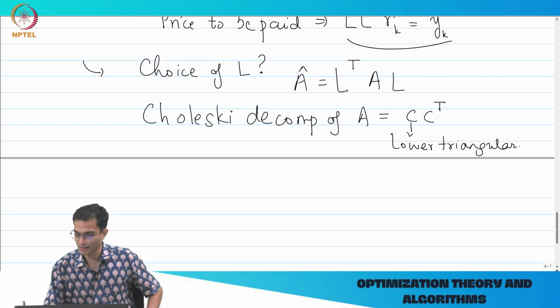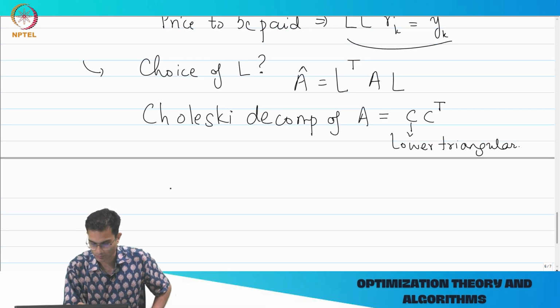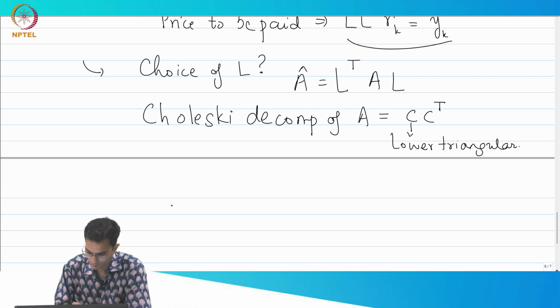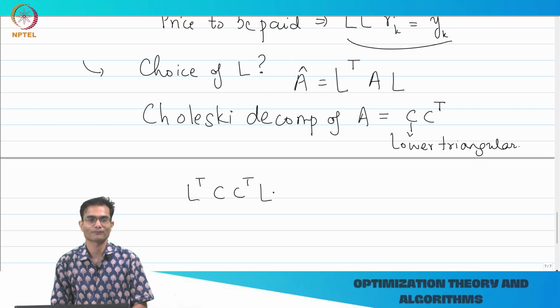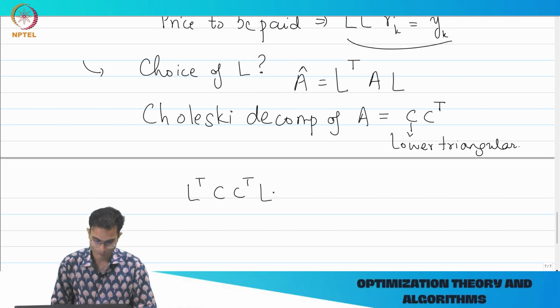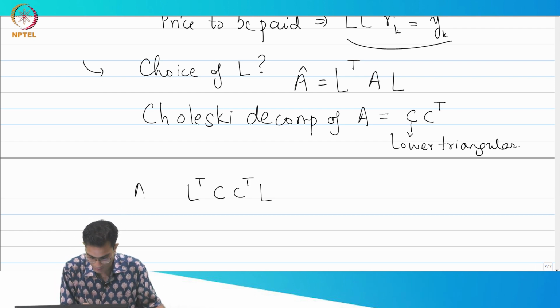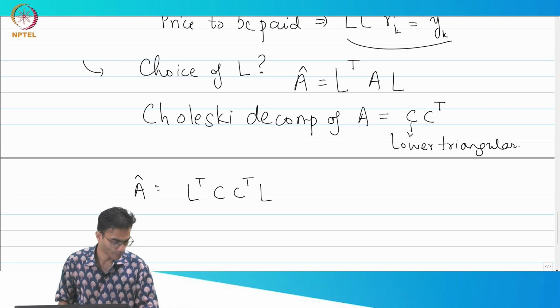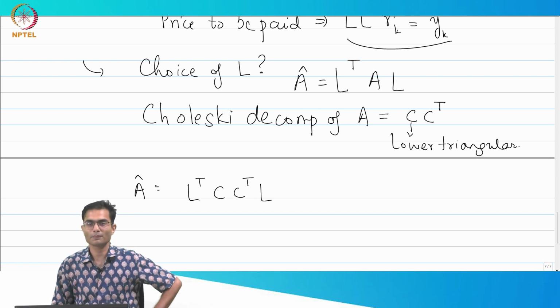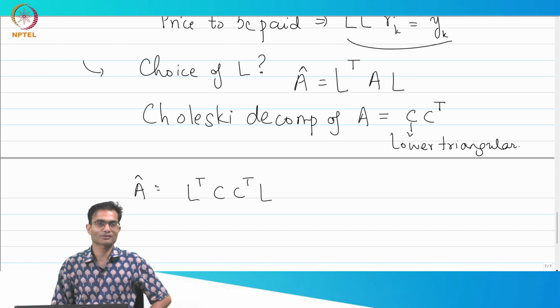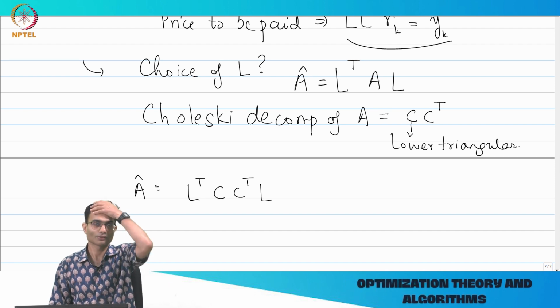Now this C being lower triangular, let's have a look once again at our L transpose CC transpose L. This was my A hat, right? So what would be the ideal choice that C should take, or rather L should take?